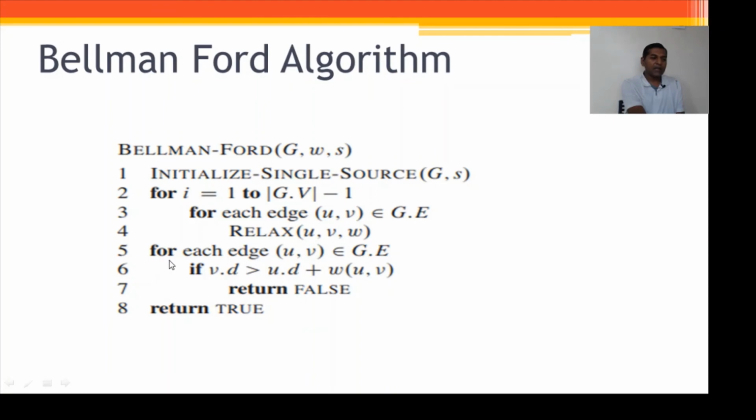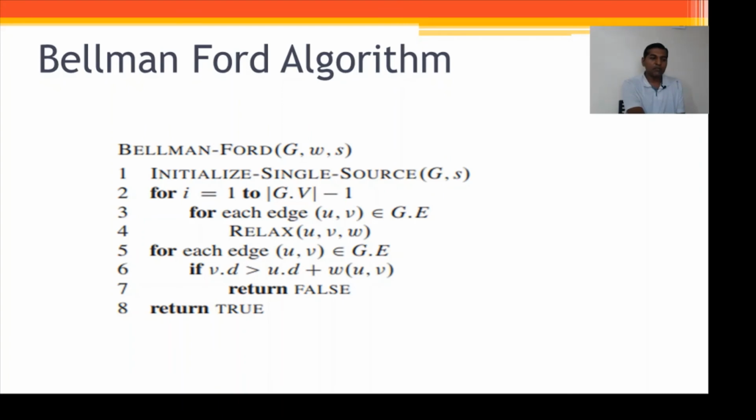After that, there is one more for loop, this third for loop, which is provided for verification. This verifies whether after relaxation, the graph has been relaxed well or not.